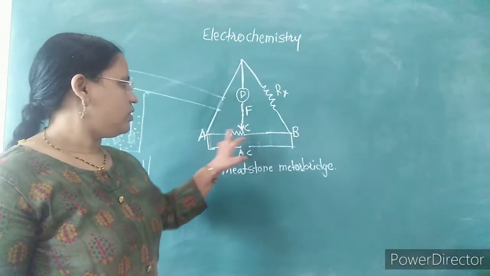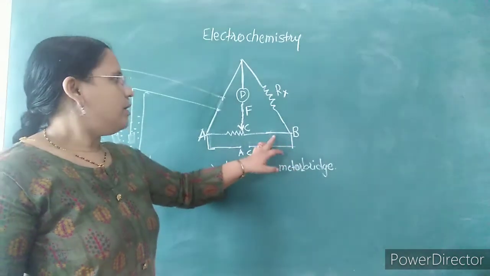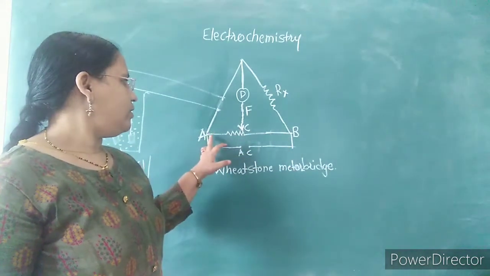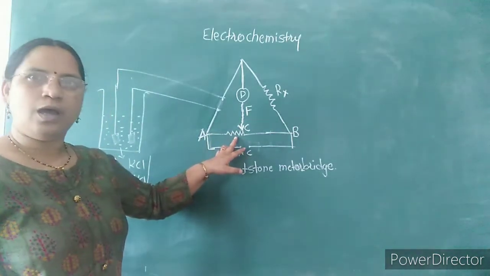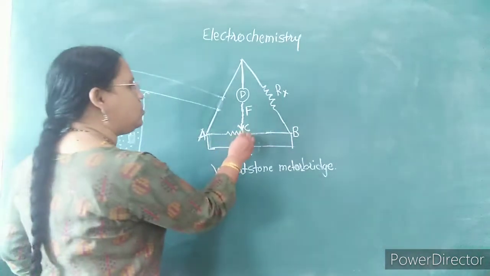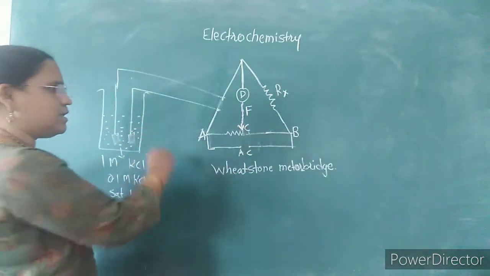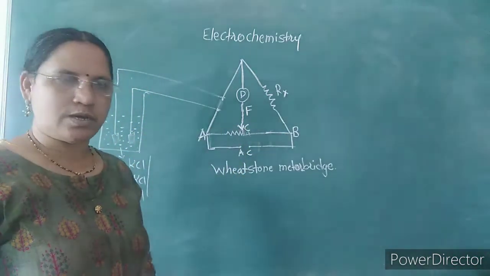It consists of a uniform wire AB, and one end of this wire AB is connected to the unknown resistance. This is the unknown resistance of the KCl solution whose resistance we have to determine.